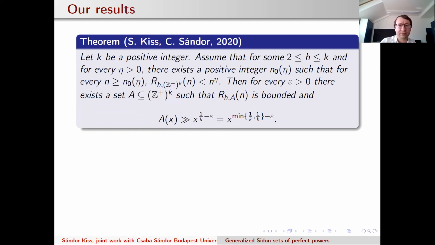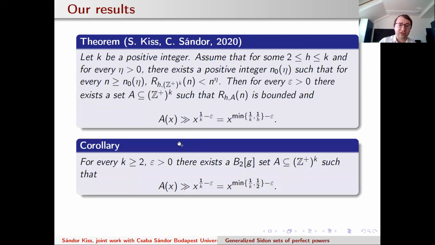And as a corollary, for every k at least 2 and every positive epsilon, there exists a B2G set formed by positive k-th powers such that it is as dense as possible.